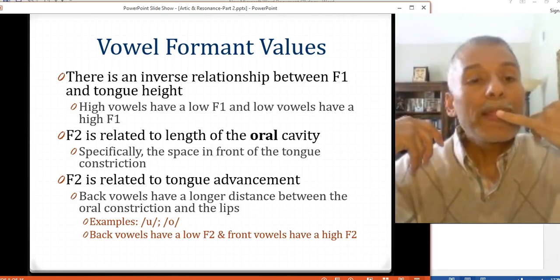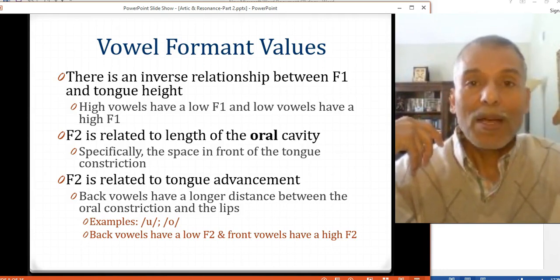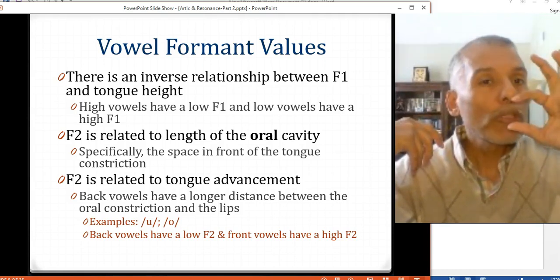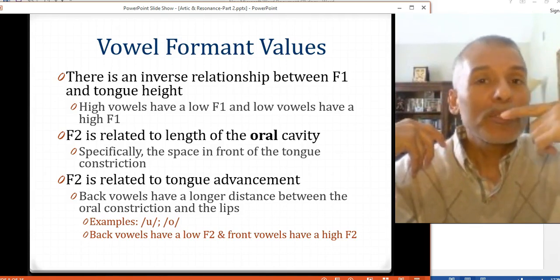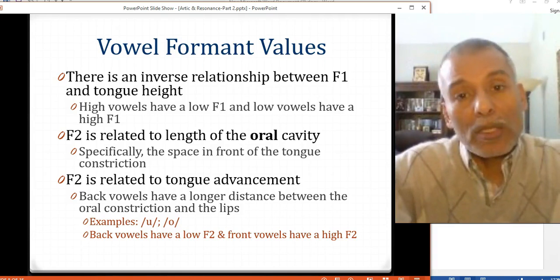So the lips are going to contribute to making the vocal tract longer or shorter. For example, if I say any rounded sound, I'm going to round my lips and protrude them. Ooh, and that could significantly elongate the vocal tract.